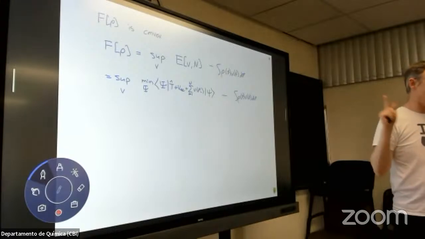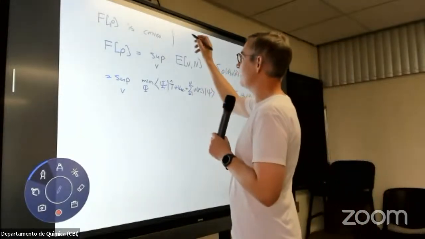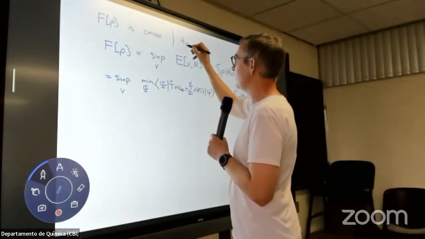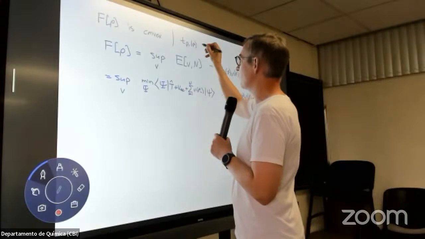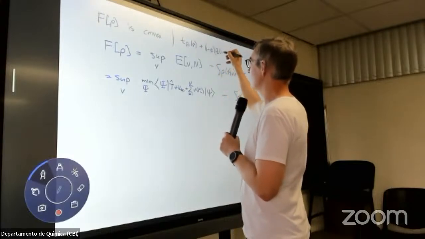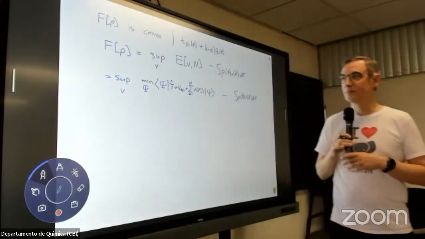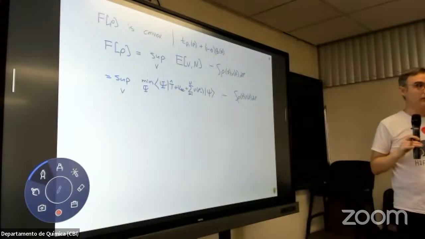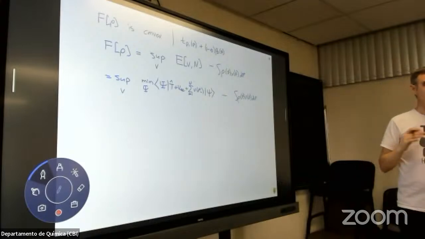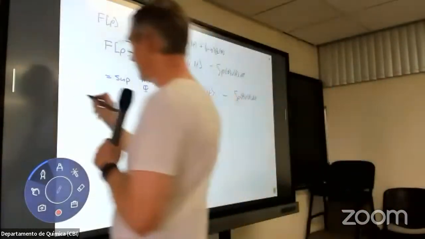Now, you remember we talked about convex before. Convex means that I need to think about something that looks like t rho 1 of r plus 1 minus t rho 2 of r. So I'm going to write down this expression.